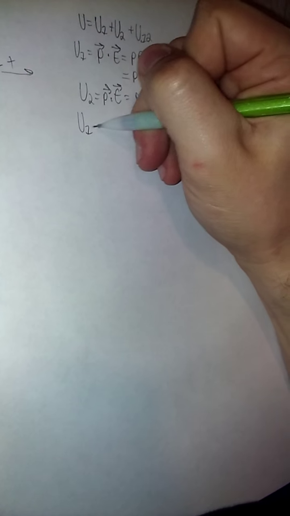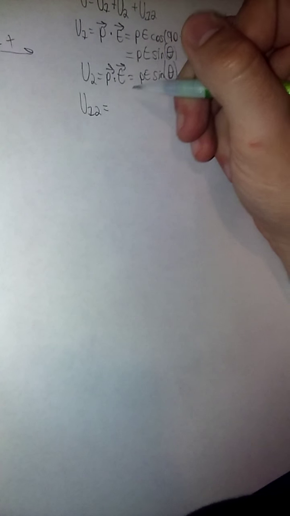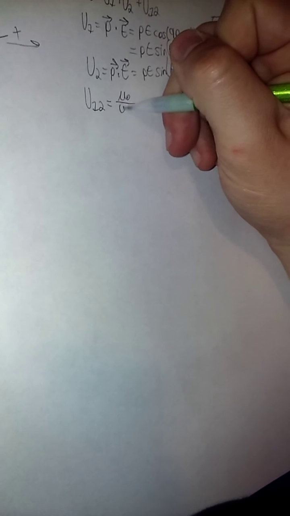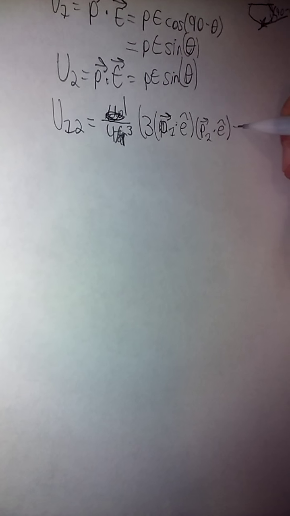And then between the two, it can be found to be 1 over 4 pi epsilon naught r cubed, times 3 p1 dotted with e hat, p2 dotted with e hat, minus p1 dotted with p2.